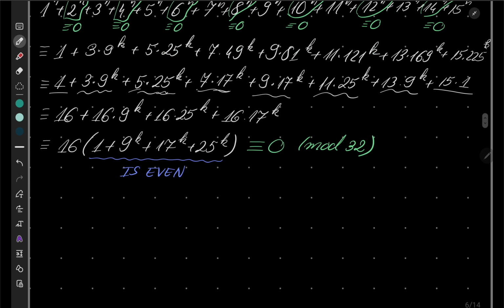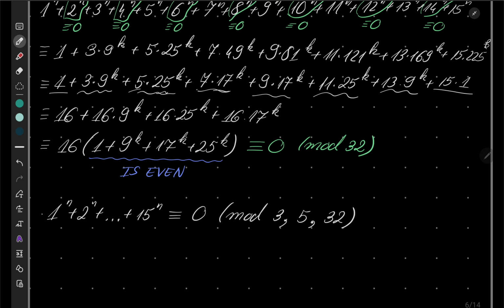So combining these three results, we have shown that 1 to the nth power plus 2 to the nth and so on is congruent to 0 modulo 3, 5, and 32, which means that for every odd integer n greater than or equal to 5, our sum is in fact divisible by 480.